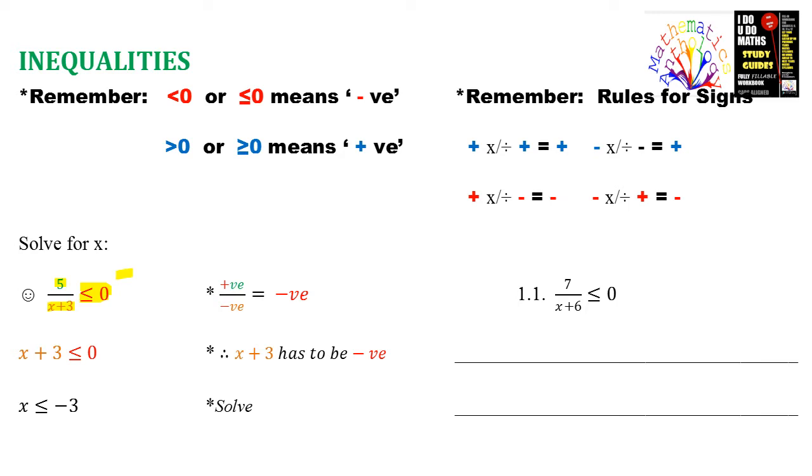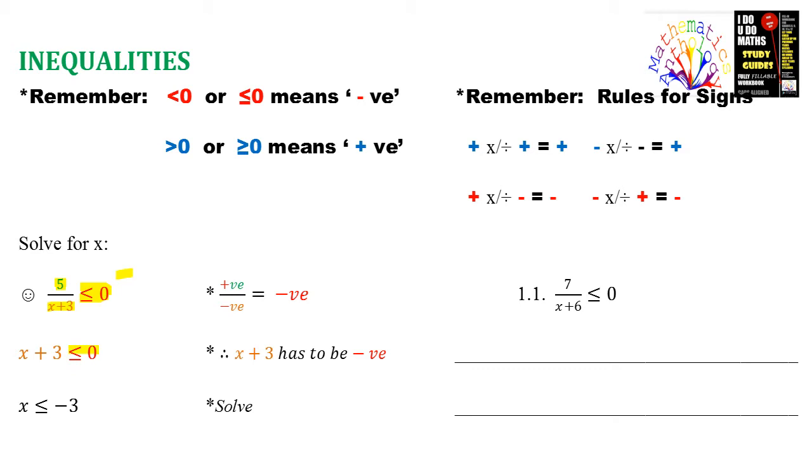In this case, 5 is a plus. So plus divided by a minus at the bottom will give us a negative answer. That's what we need, which means that the denominator in this case needs to be negative.